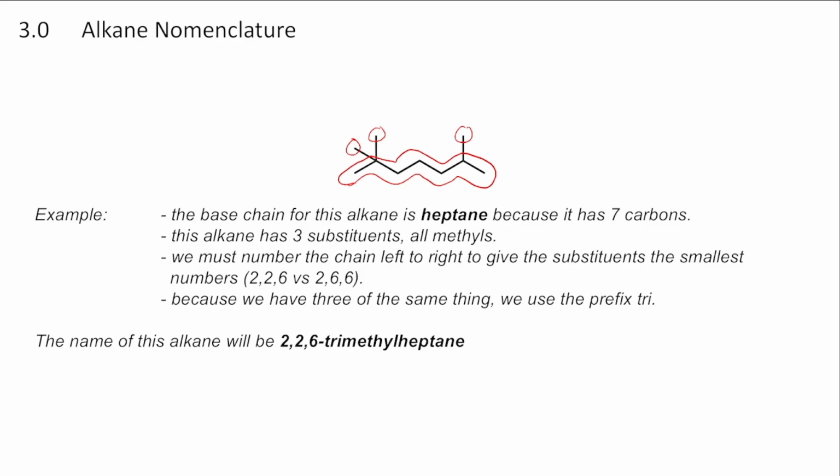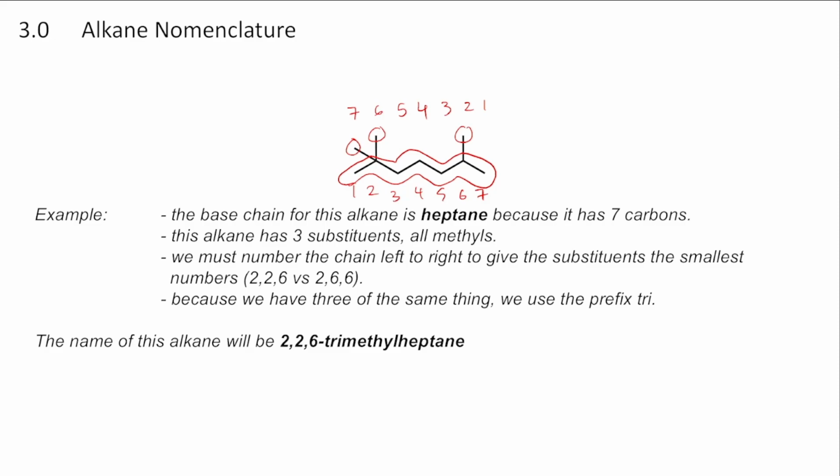There's 3 CH3s attached to this main chain, and we have to decide which way we're going to number it. It works out if you start left to right. We go 1, 2, 3, 4, 5, 6, 7. Or if we went right to left, you get 1, 2, 3, 4, 5, 6, 7.